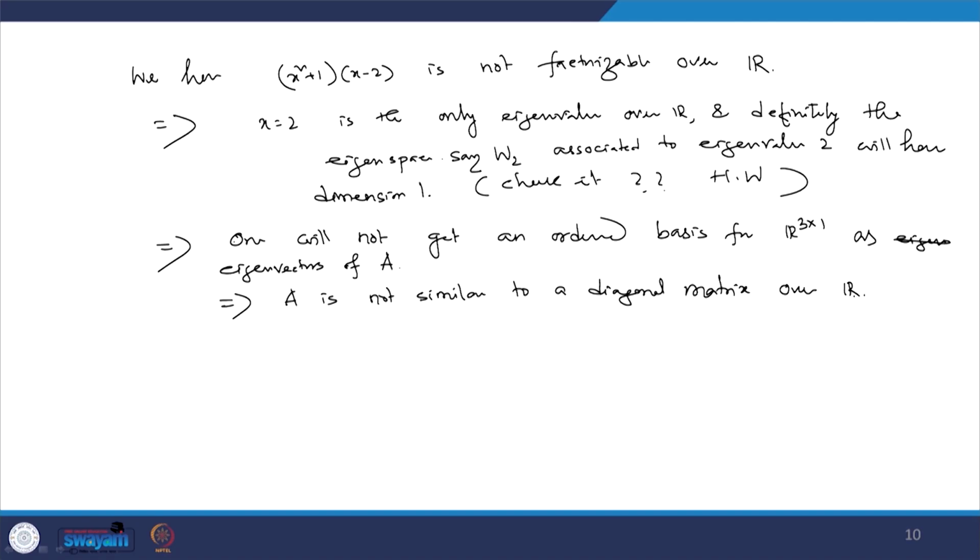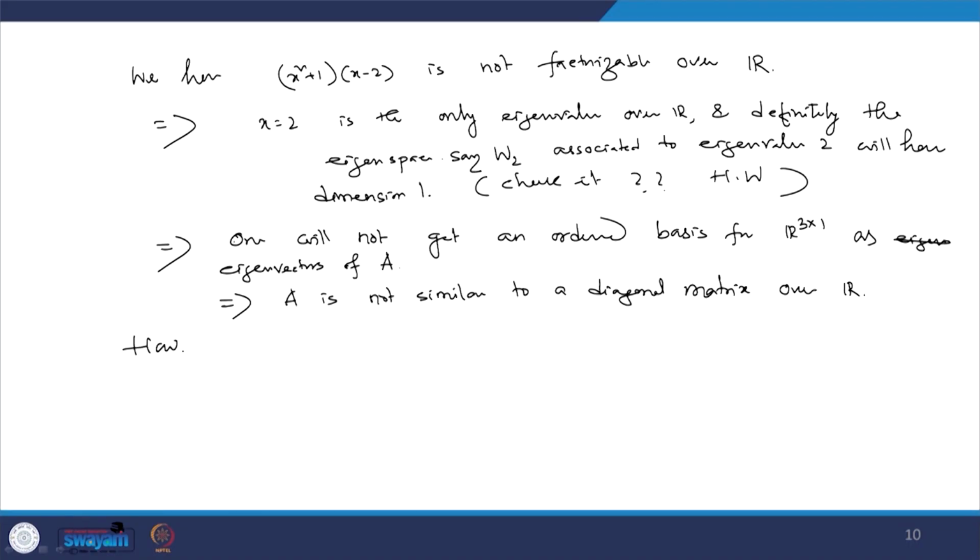The sum of the algebraic multiplicities of the different eigenvalues equals the dimension of the space. Here the dimension is 3, and we get x equal to 2 and x equal to plus or minus i. Each of them has eigenvectors, but those are over the complex plane; over the real line there is only 1. Therefore it is not similar to a diagonal matrix.